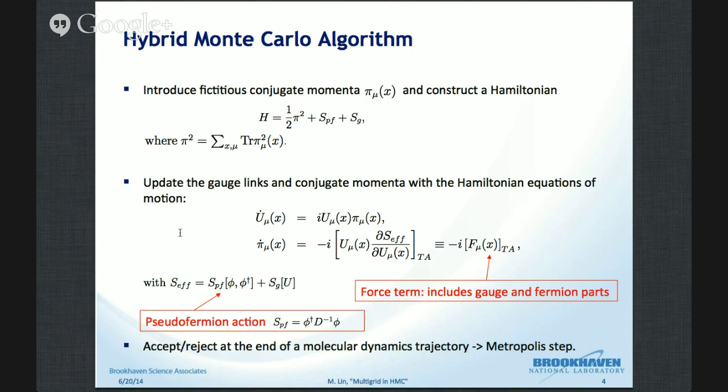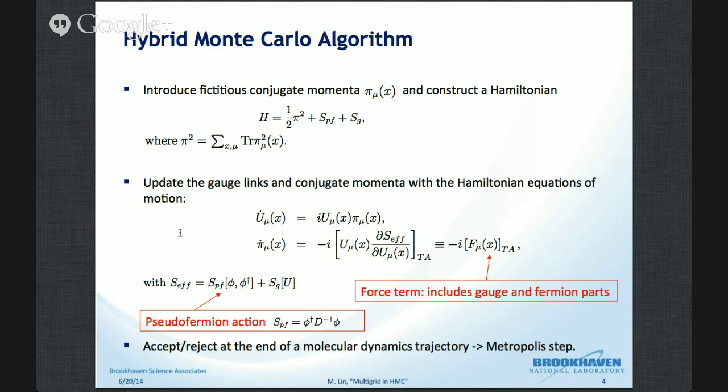And here, the action is actually expressed in this way. So you have the pseudo-fermion action, because we don't really know how to deal with Grassmann variables, and then the gauge part. And the pseudo-fermion action looks like this. So D is the Dirac operator. This is for the one flavor system.